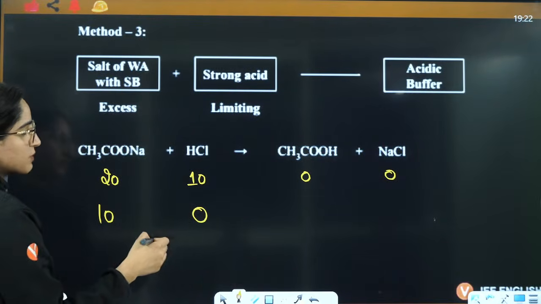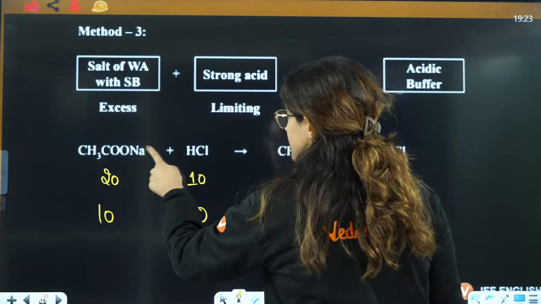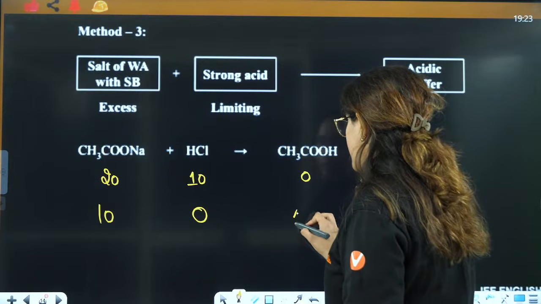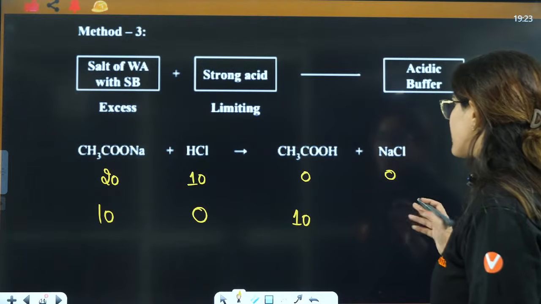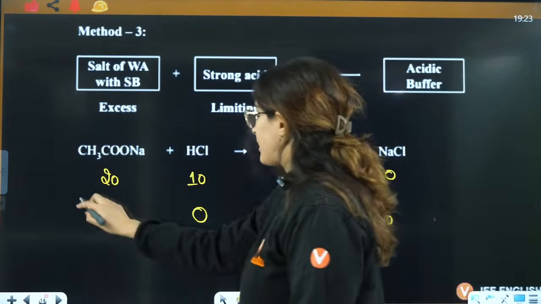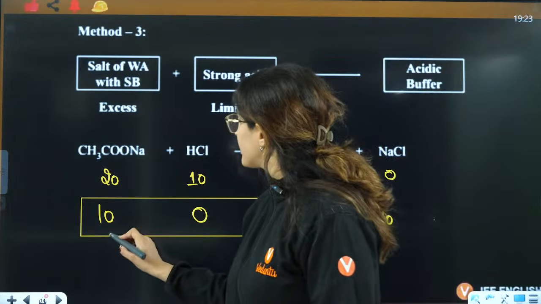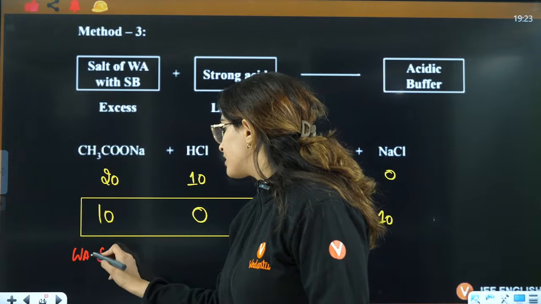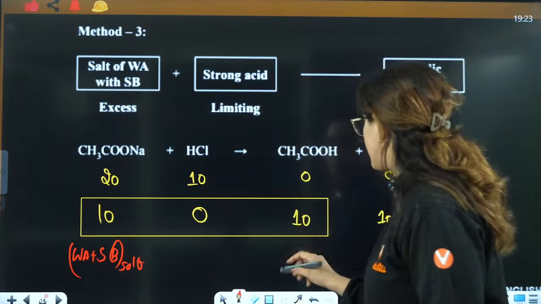So all of this will be consumed, and it will react with this, replace the Na here, and you will have the formation of 10 moles of this and 10 moles of NaCl, which is a salt. So you can take it outside as well, right? That means you can see this thing here is nothing but a weak acid and strong base salt, right, with a weak acid.